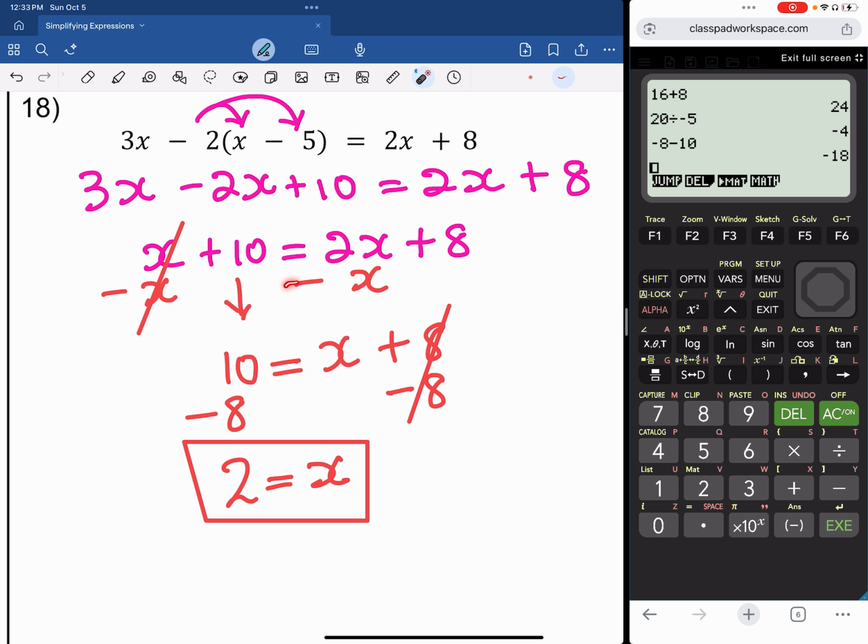So instead of subtracting 2x here, I can instead subtract x and move them over to the right side. We always want to try to keep our variables positive so that we don't have to divide by that -1 at the end.